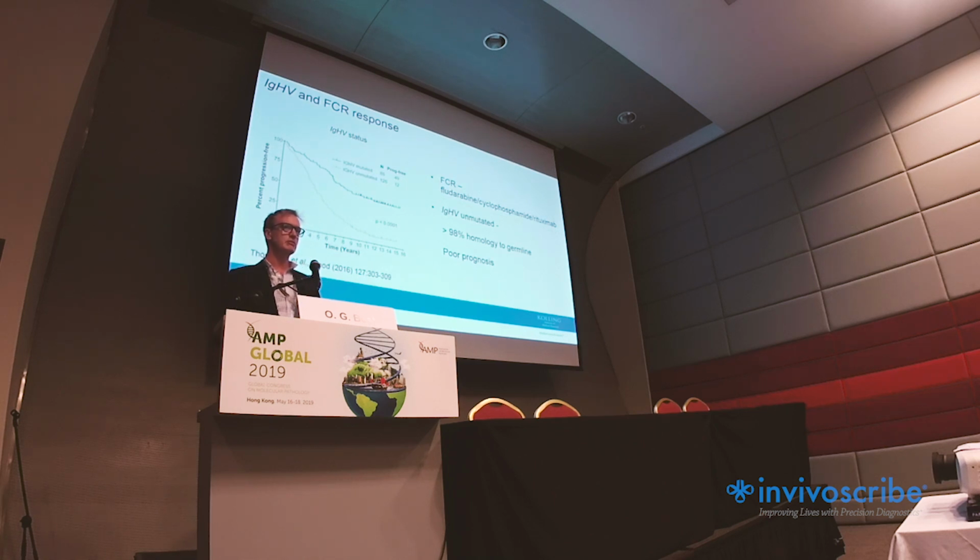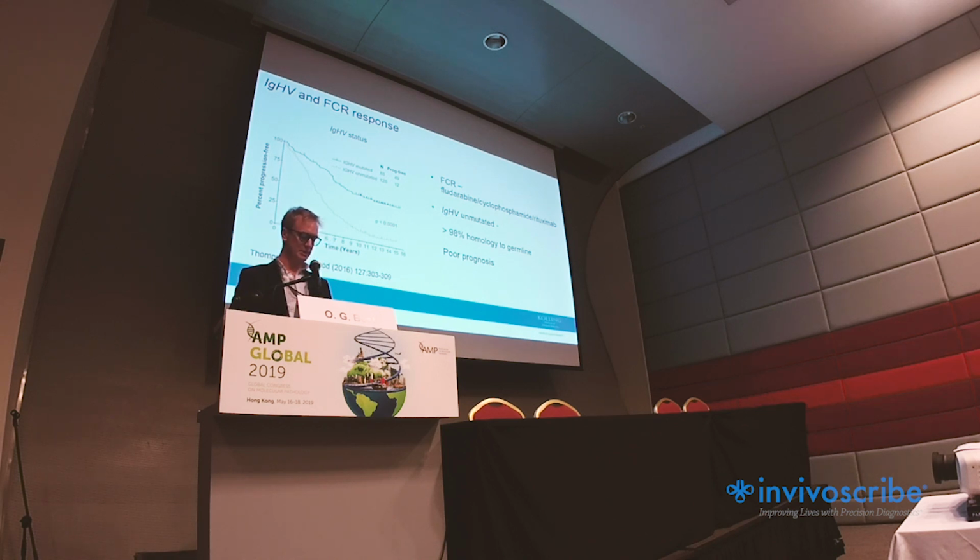Even in the era of novel therapies for CLL, the IGH mutational status still has a place, and particularly with the longer follow-up of trials of the fludarabine, cyclophosphamide, and rituximab regimen, it really is still a very valuable prognostic factor. This data, taken from the MD Anderson FCR 300 trial with extended follow-up, highlights this.